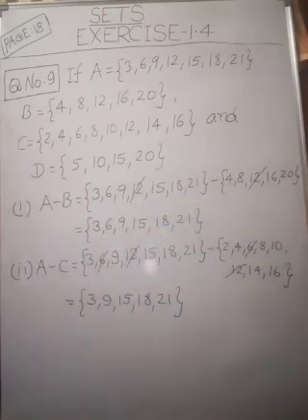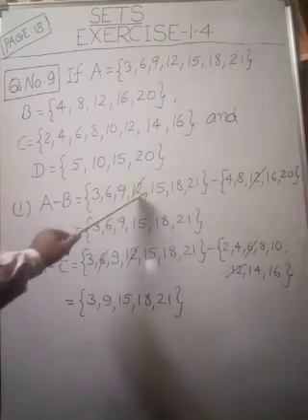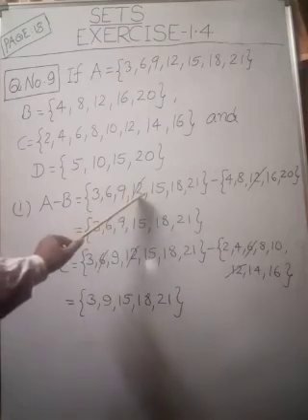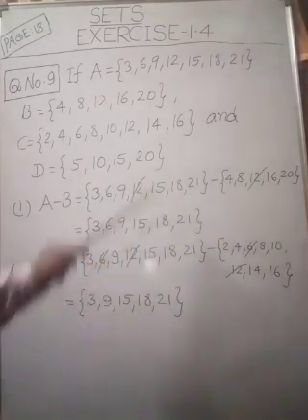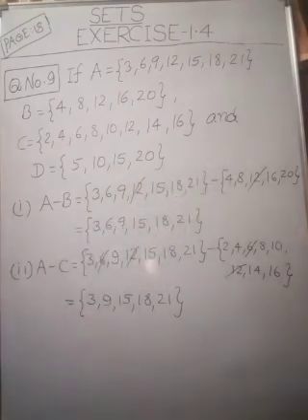Right. Now to find the difference of two sets, first of all we have to identify the elements which are common to both sets. Here 12 is a common element in both sets, so we strike out whatever elements are common to both sets.